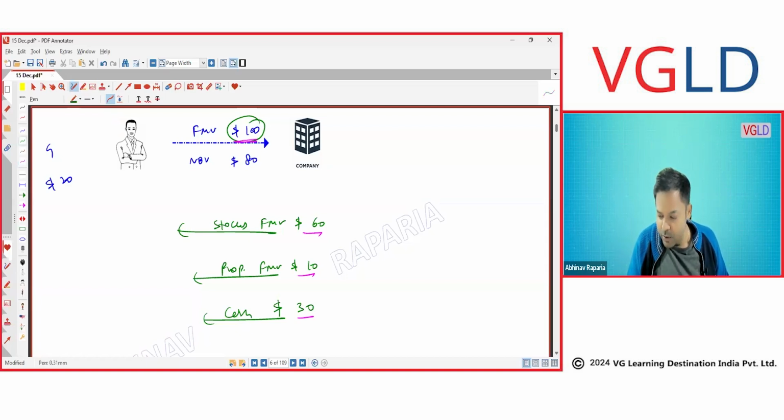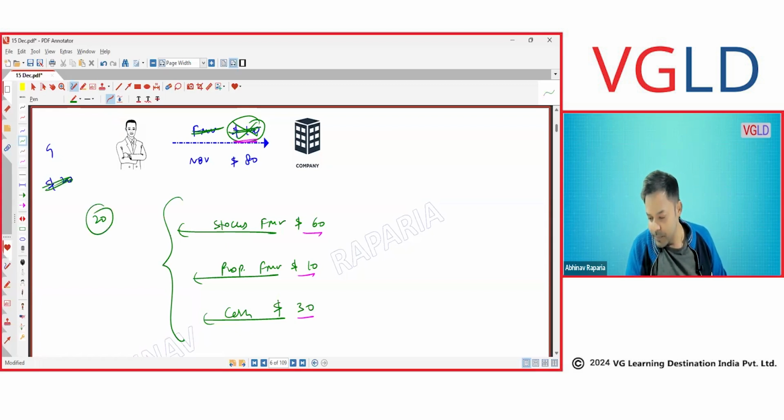Yes, absolutely. You will add the three items, 60 plus 10 plus 30, minus this. So you will still calculate the gain. Are we good up till here? If this is not given in the question, can you calculate my gain or loss? Absolutely, yes. Up till here, story clear. Should I move?